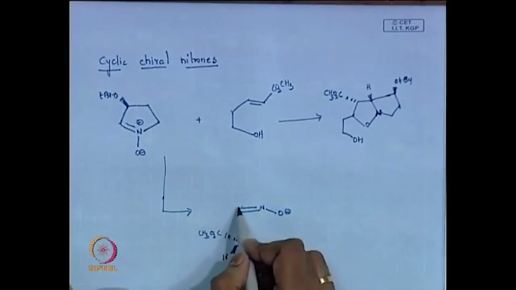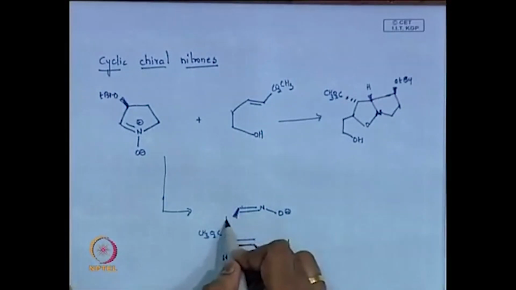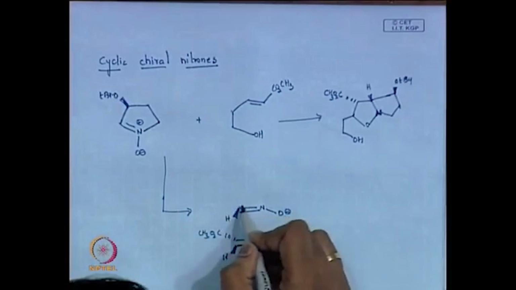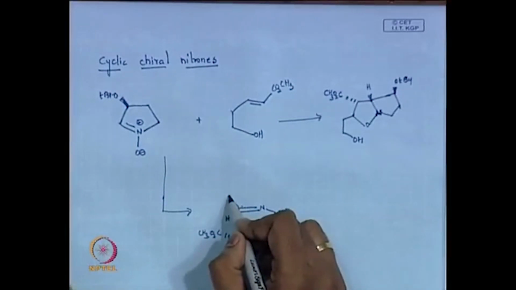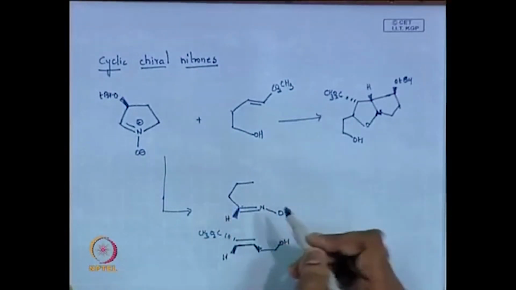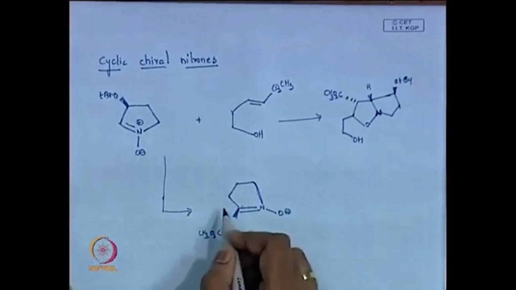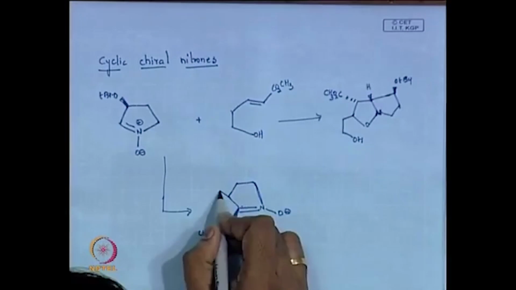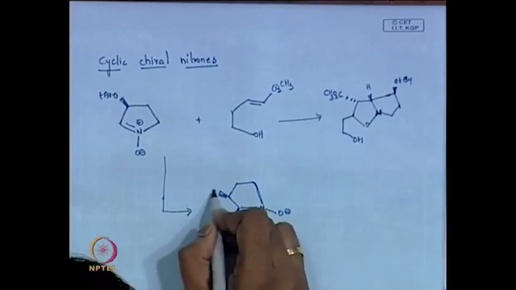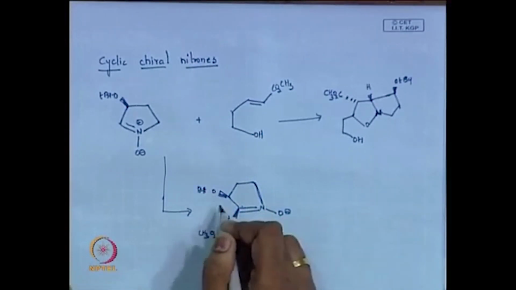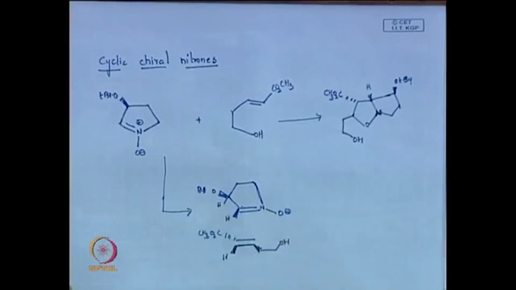First you draw that one, fix that part first, then you can have your chirality there, O tertiary butyl with a hydrogen. Fine.